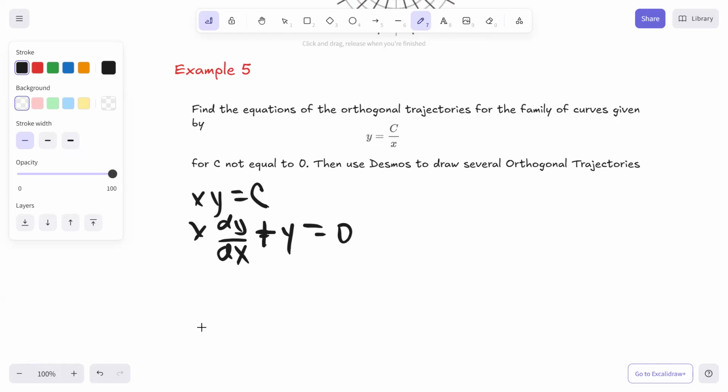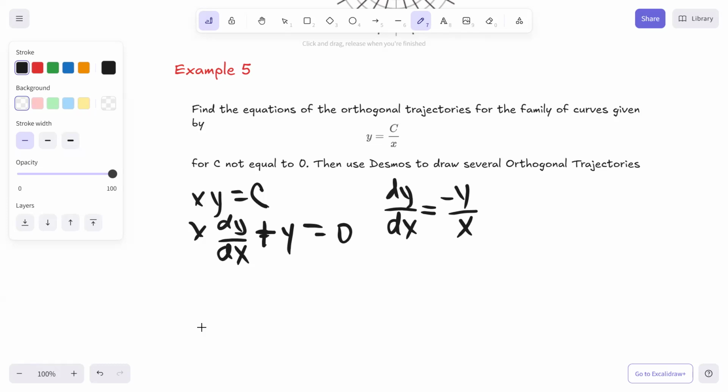Then we could solve for dy/dx and we would have negative y over x. Now here's the important part. Because this equation represents the slope of the given family at any point, it follows that the orthogonal family, which intersects the curve at right angles, is going to be the opposite reciprocal.